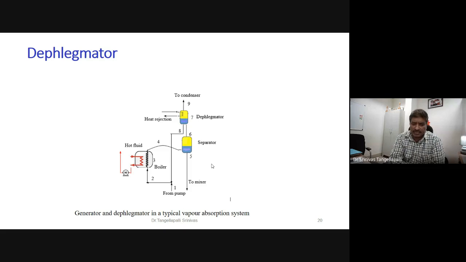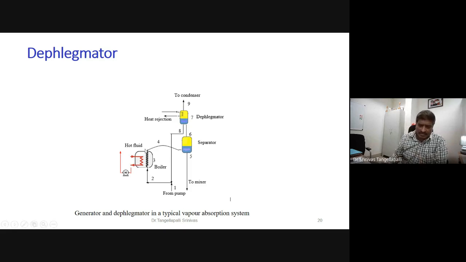From a performance point of view, there are no much better results you can expect from the rectifier. But in a cooling system, you can get performance improvement. For power generation, you get the advantage of low pressure operation, an economic advantage.